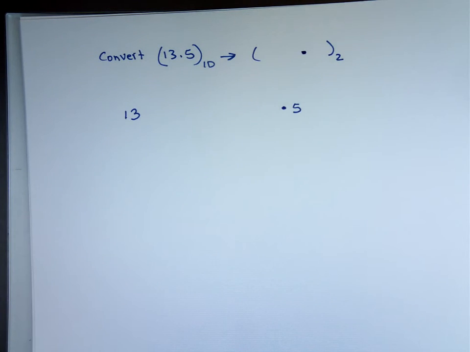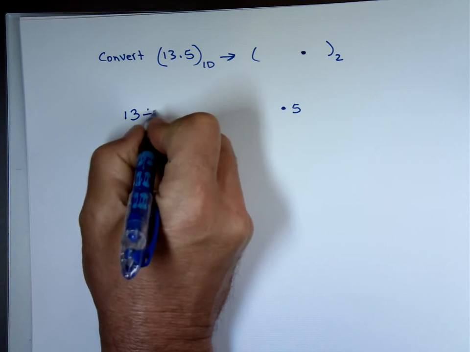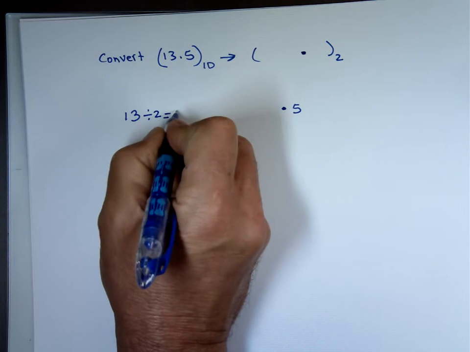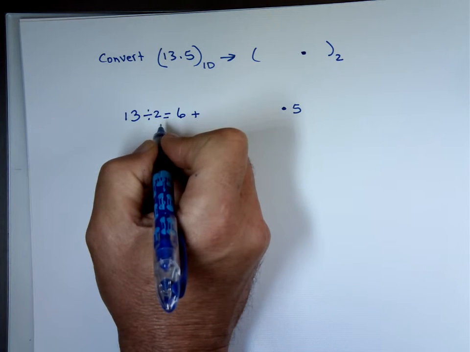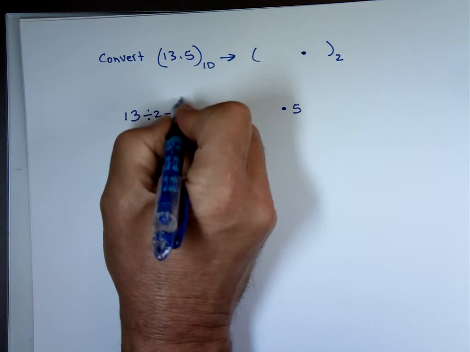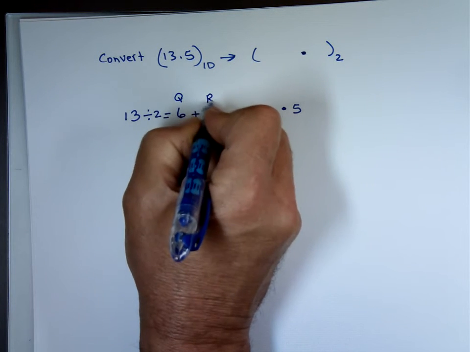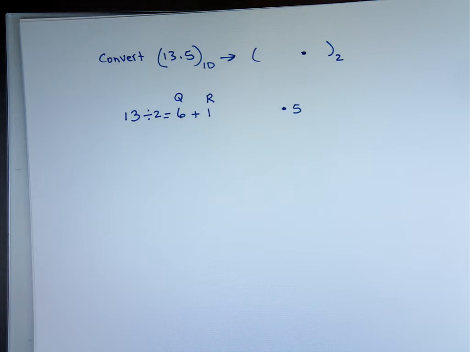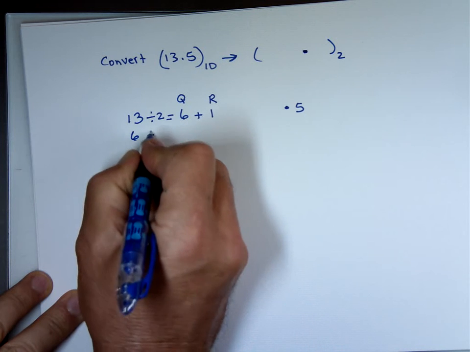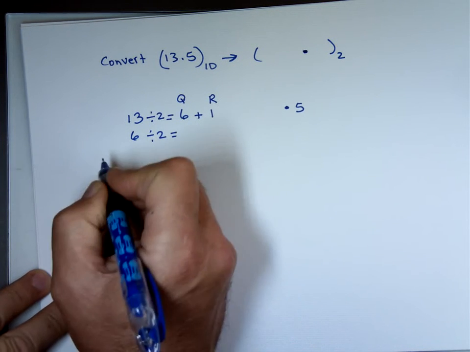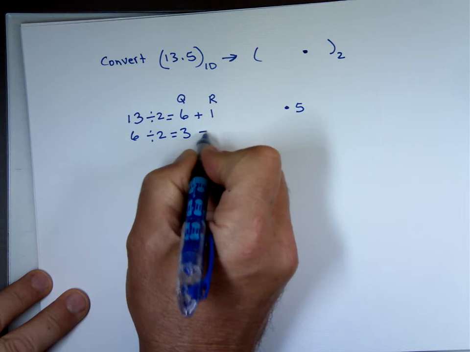Let's grab the 13. What is 13 divided by 2? That's 6, and what's the remainder? 1. So this is the quotient, that's the remainder. Then you go 6 divided by 2. 3, what's the remainder? 0.